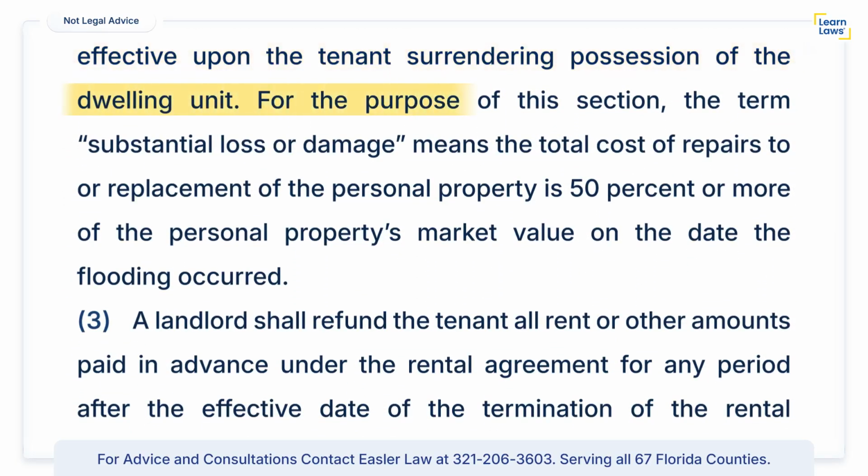For the purpose of this section, the term substantial loss or damage means the total cost of repairs to or replacement of the personal property is 50% or more of the personal property's market value on the date the flooding occurred.